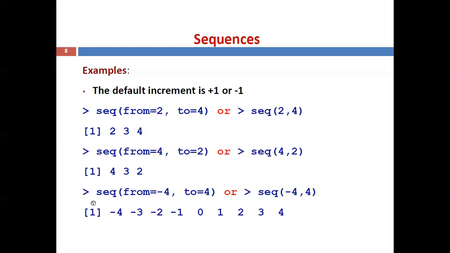So the end value is 2, it reached the end, and this is the sequence generated from 4 to 2. Then another example: seq of from equal to minus 4, to equal to 4, or seq of minus 4 comma 4.